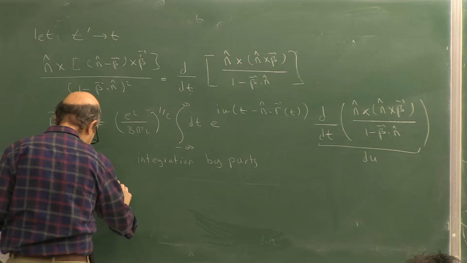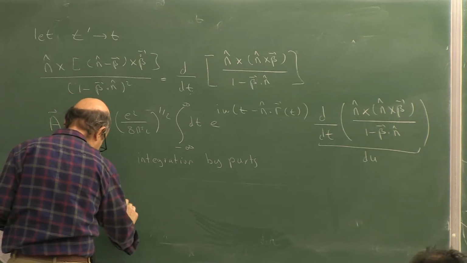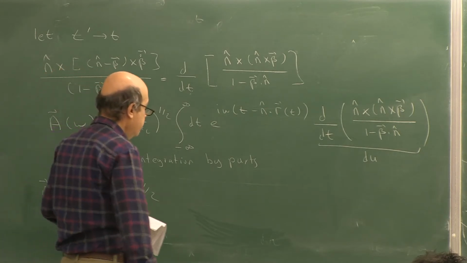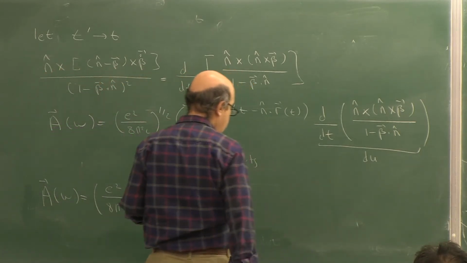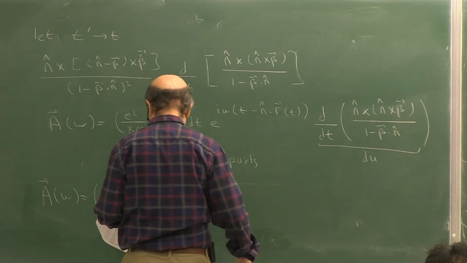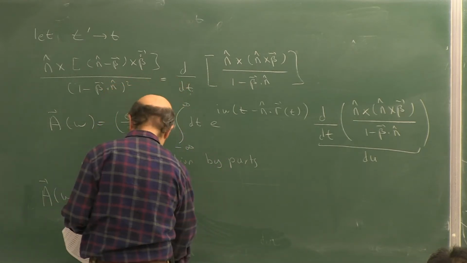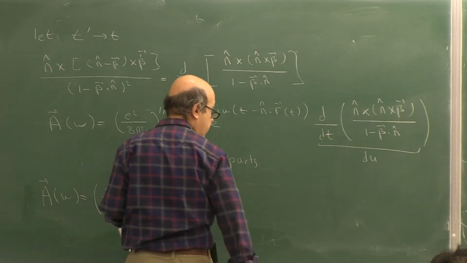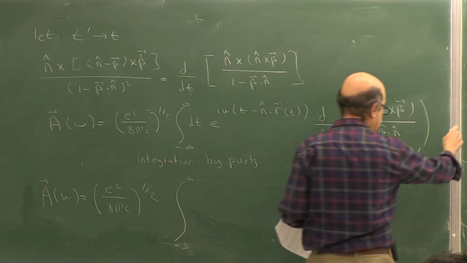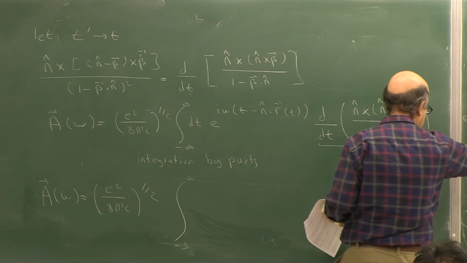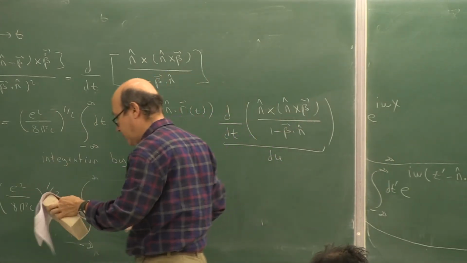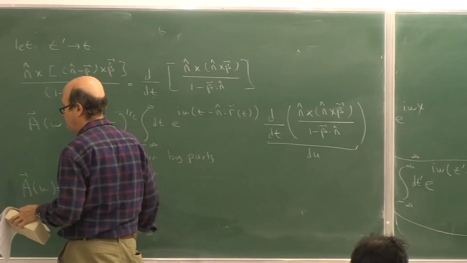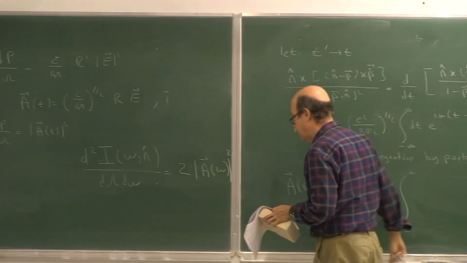The coefficient is the same, e squared over 8 pi squared c to the power 1/2. If you call this bunch du, then the integral will be from minus infinity to plus infinity. There was a phase factor here, but I am ignoring it because eventually we will take the absolute square. You can ignore that phase factor because it has no contribution to the intensity spectrum.